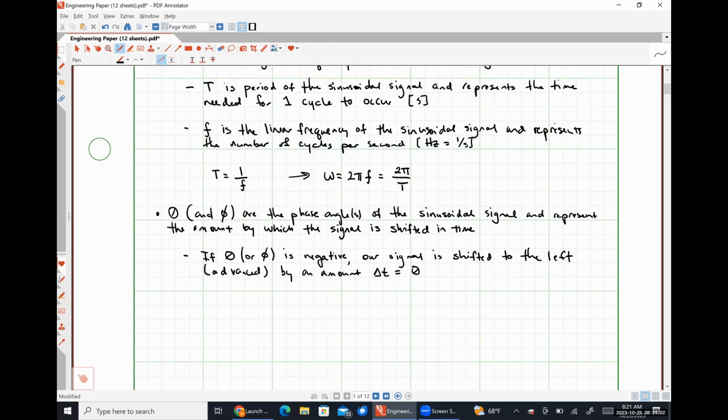And then I'm going to divide that by omega so that I have radians per second, which gives us seconds in the numerator. So this is an amount of time shift. So this is how much we're shifted in time to the left.